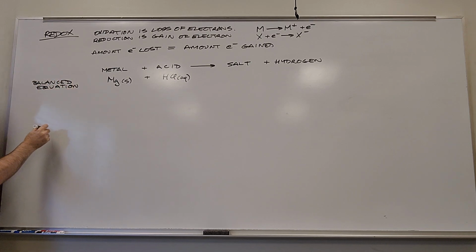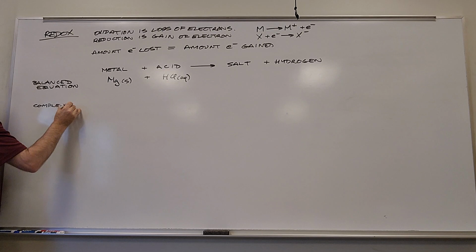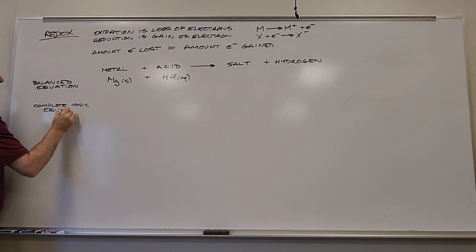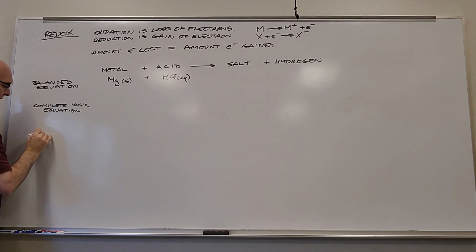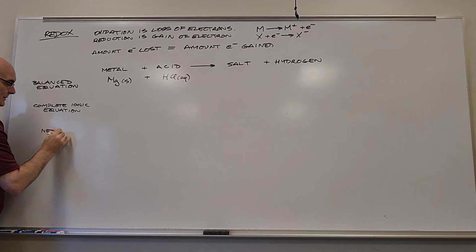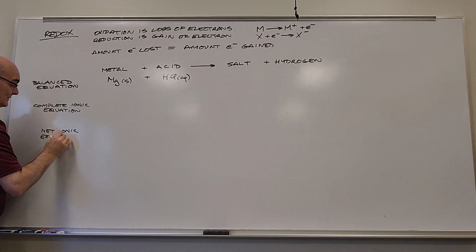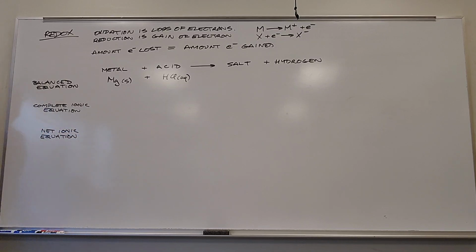And then, never satisfied with having a balanced equation, we need a complete ionic equation. And then the complete ionic equation will give us the net ionic equation. This should all be familiar to you, which will tell us what's actually going on.